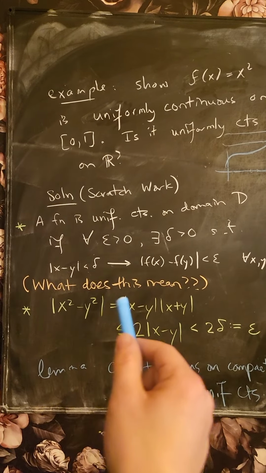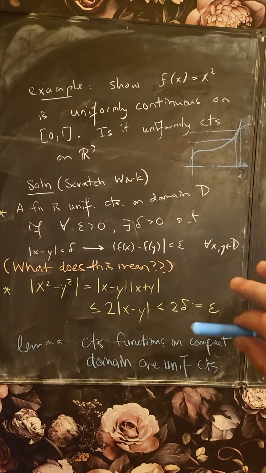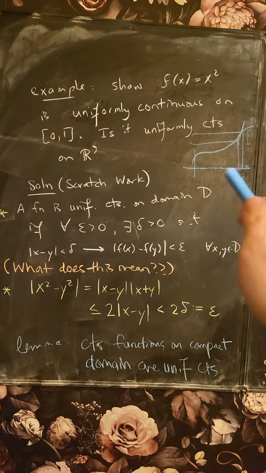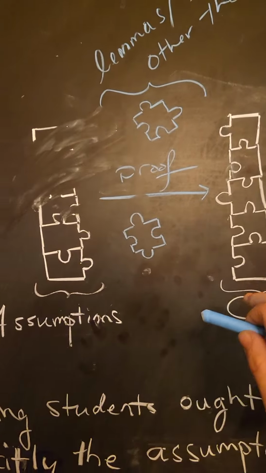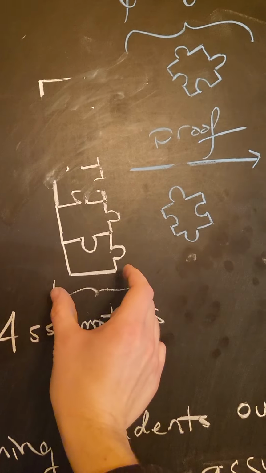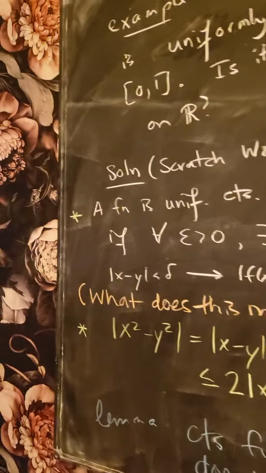What does this mean? So if you've written out the definition and you've written out some scratch work, and then you prove the question algebraically, and you connect the puzzle together successfully. Turns out the puzzle's not actually that bad in this case. I can just take these two puzzle pieces and just connect them directly onto the other two, algebraically, right?